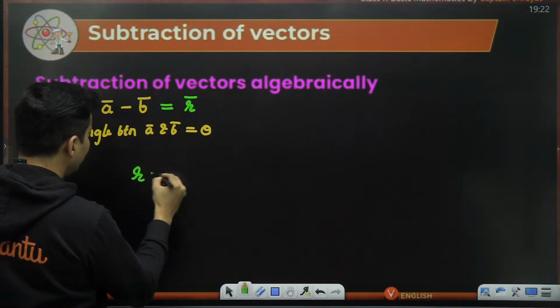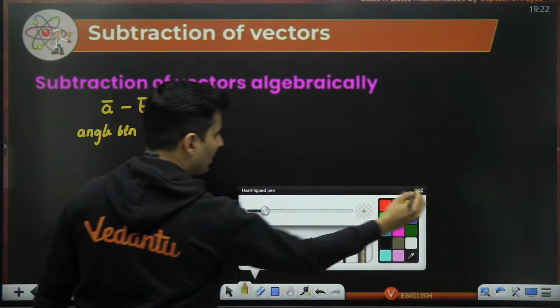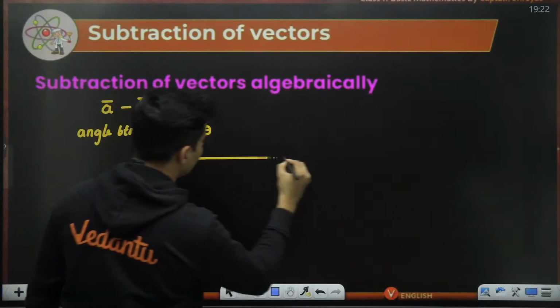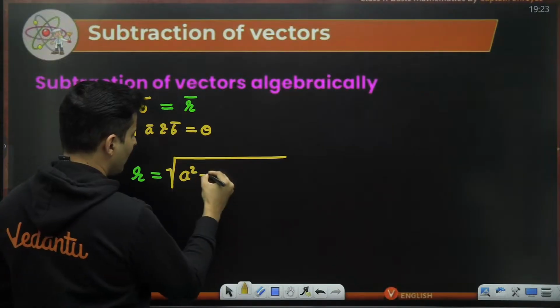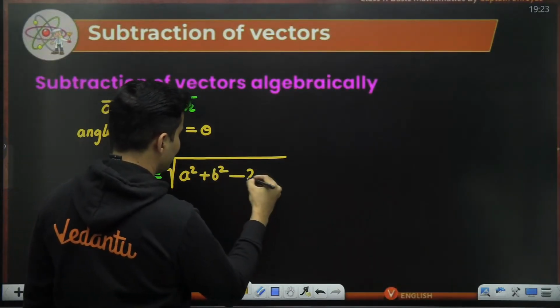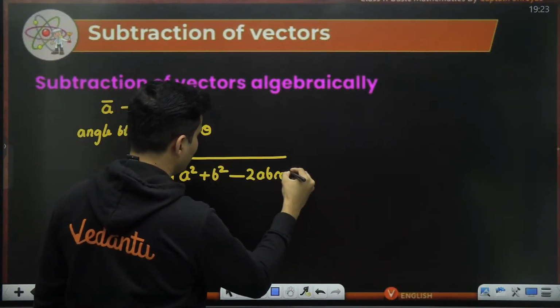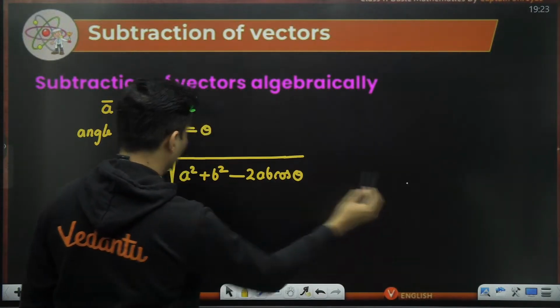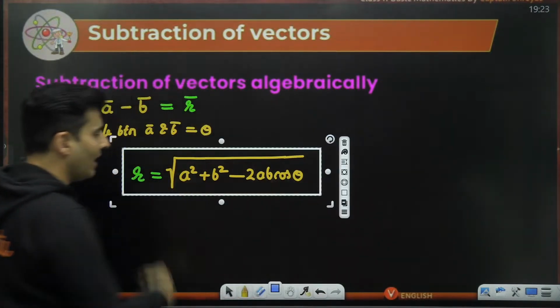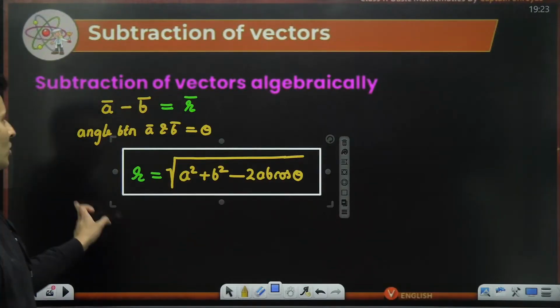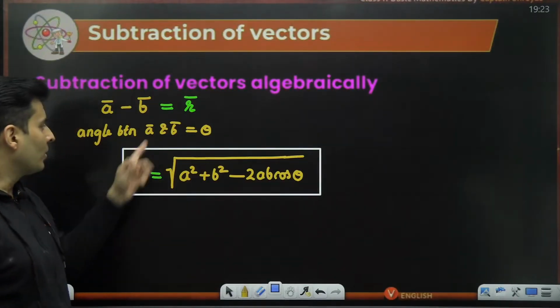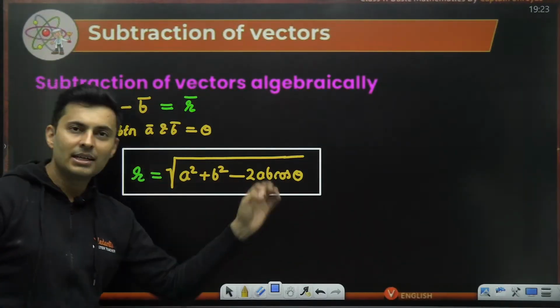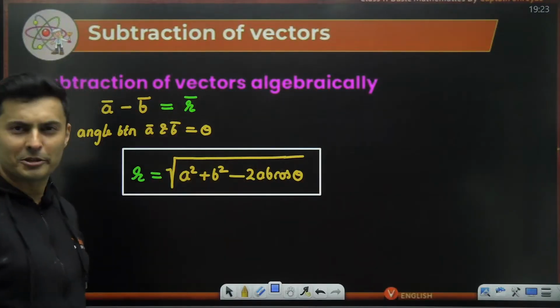Then the resultant has a magnitude of, keep this in mind, square root of a square plus b square, instead of plus it is minus 2ab cos theta. That's the only difference which you should remember. A lot of times you might be asked questions on this. For vector subtraction, wherever you saw that plus, you have minus 2ab cos theta.